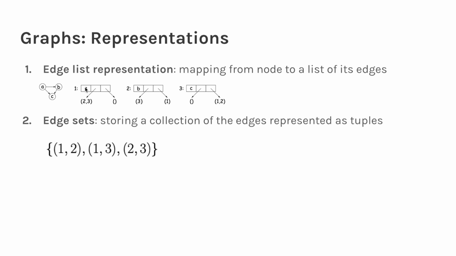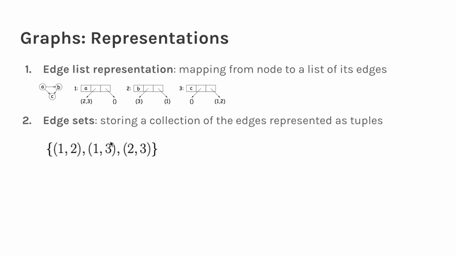So for node A, we're pointing to a list of outgoing nodes, that'd be 2 and 3, if you represent A as 1, B as 2, C as 3, and the incoming edges is an empty list. Node B has one outgoing node pointing to 3, and one incoming node coming from A, and so on.